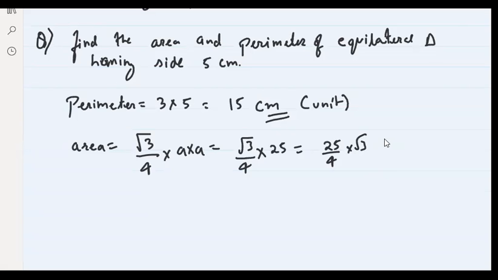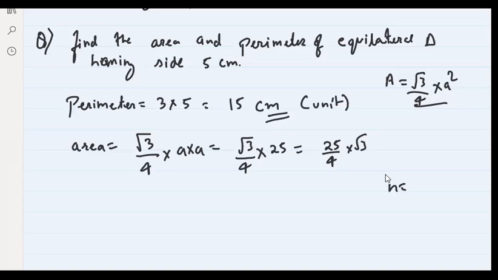Manyata, what is the formula of area of equilateral triangle? We just derived it, right? Area of equilateral triangle is root 3 by 4 into a square, na? Because height and base are not given.